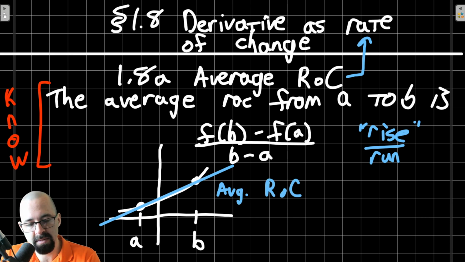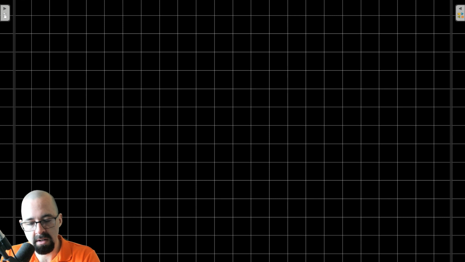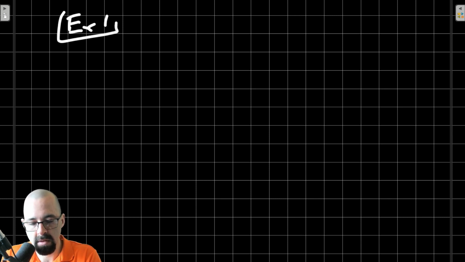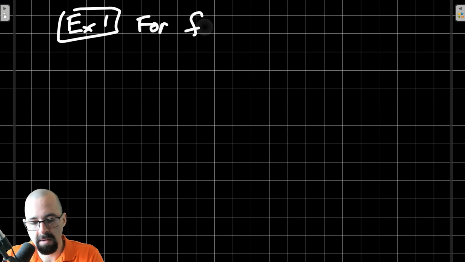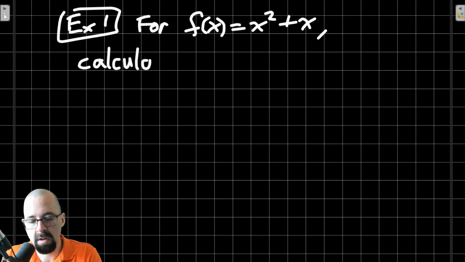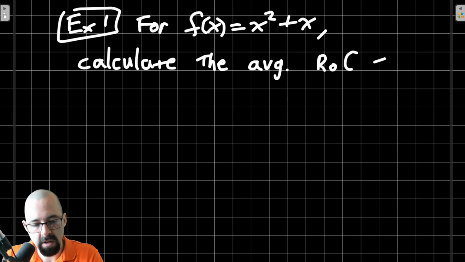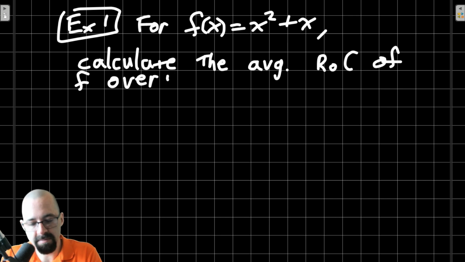So let's do a problem, shall we? Example 1. For f of x equals x squared plus x, calculate the average rate of change of f over the following intervals.